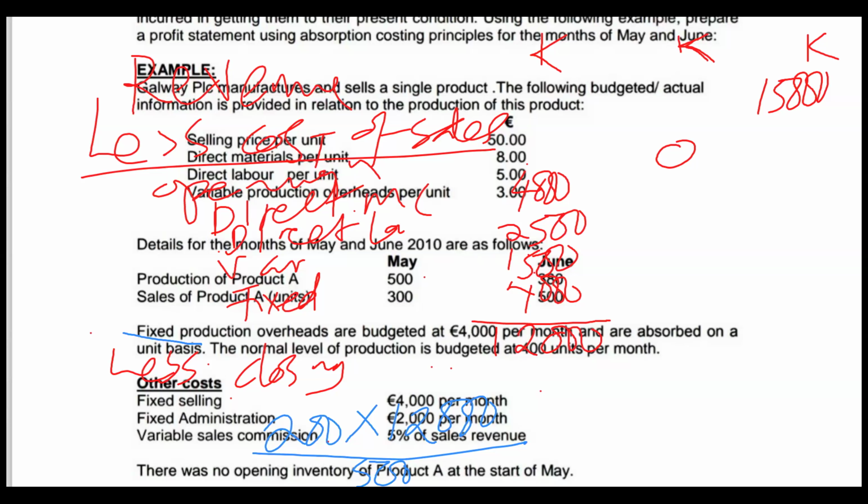Are we all finding the same? 12,000 times the 200 divided by 500. You said you're finding 4,800 as the closing inventory.